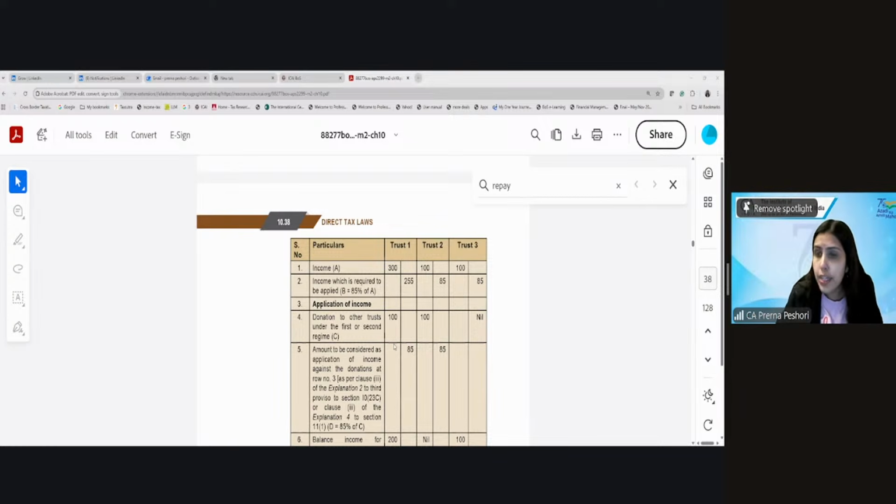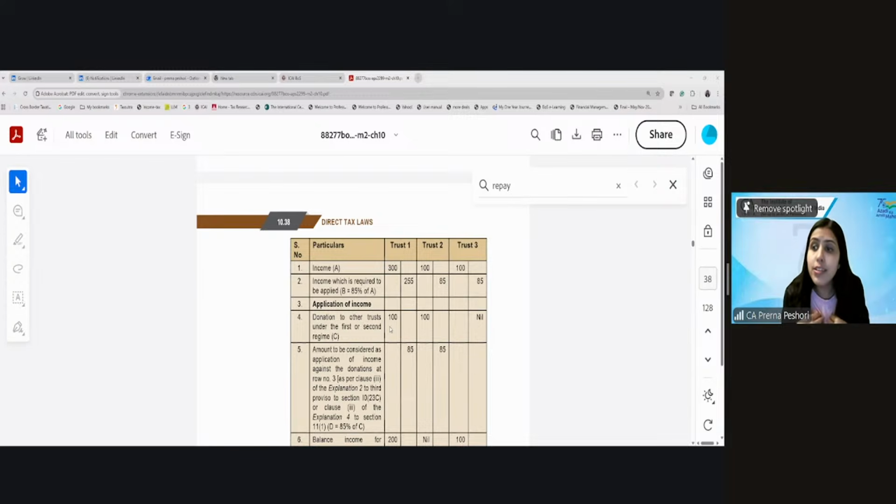But now if you look at it from the trust's perspective, its income that it has received is 300, and the 255 is the income which is available to be applied. Now, if we are only considering 85 as the application, but it is technically paid how much? 100. But how much are we applying? 85.